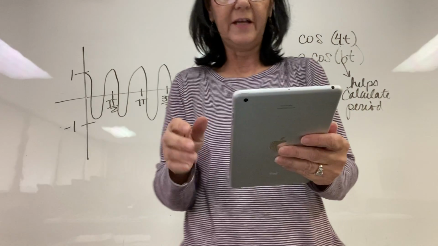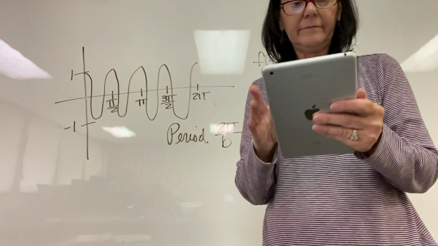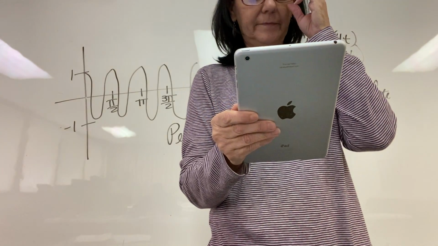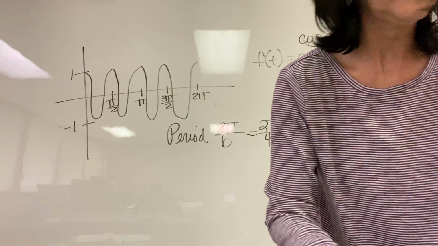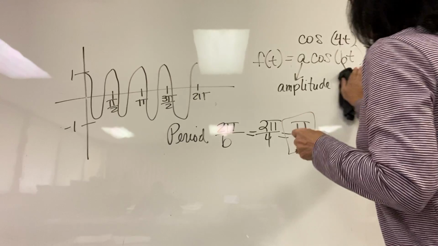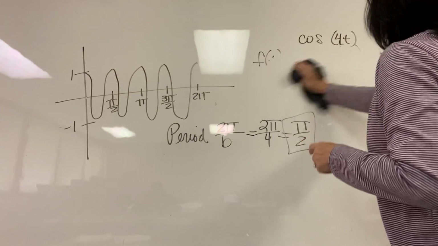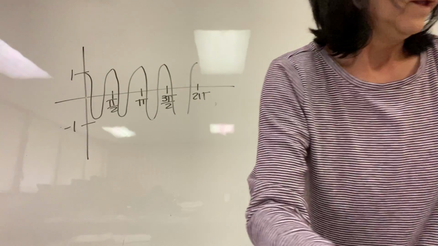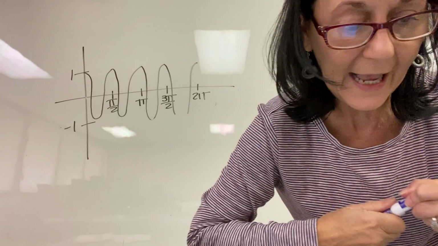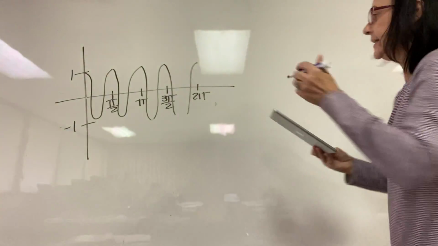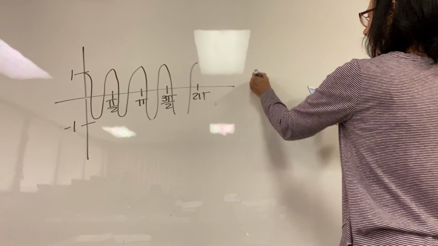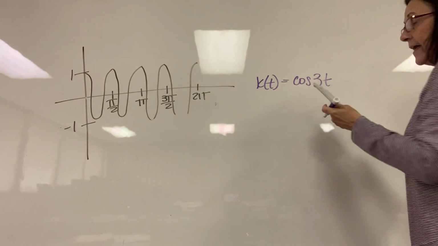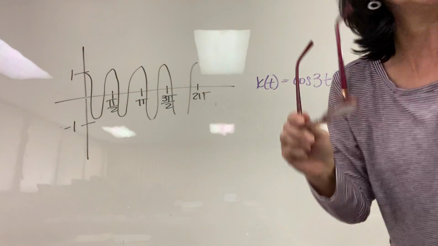Look at example 1, page 495. Determine the period of each function. All right, so the first one, A, is the cosine of 3t. That 3 is in the B position.